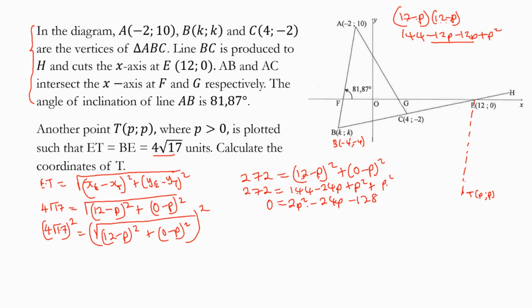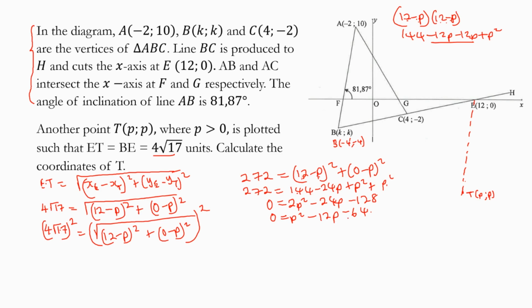Then we can divide everything by 2. It becomes 0 is equal to p squared minus 12p minus 64. Then we can factorize this. The factors of negative 64 that will give us negative 12 should be negative 16 and positive 4.